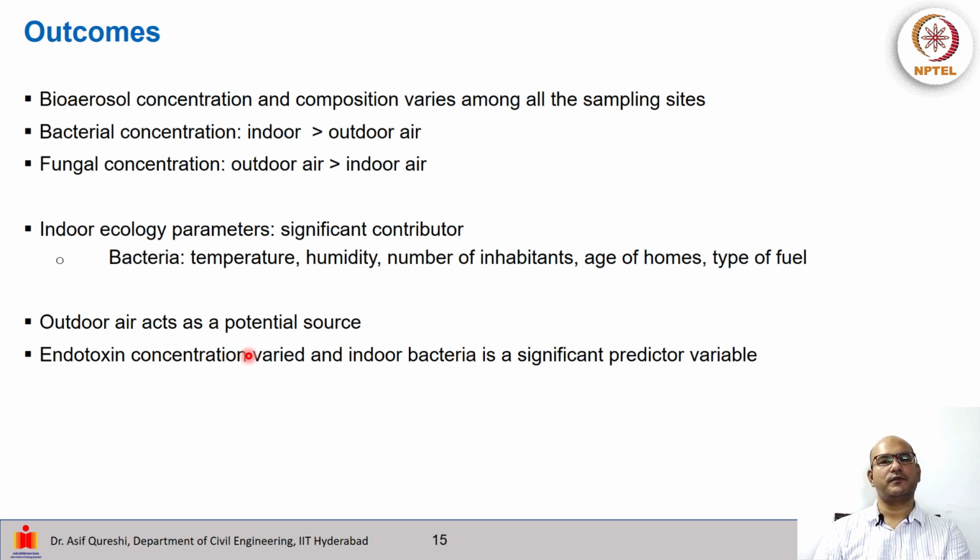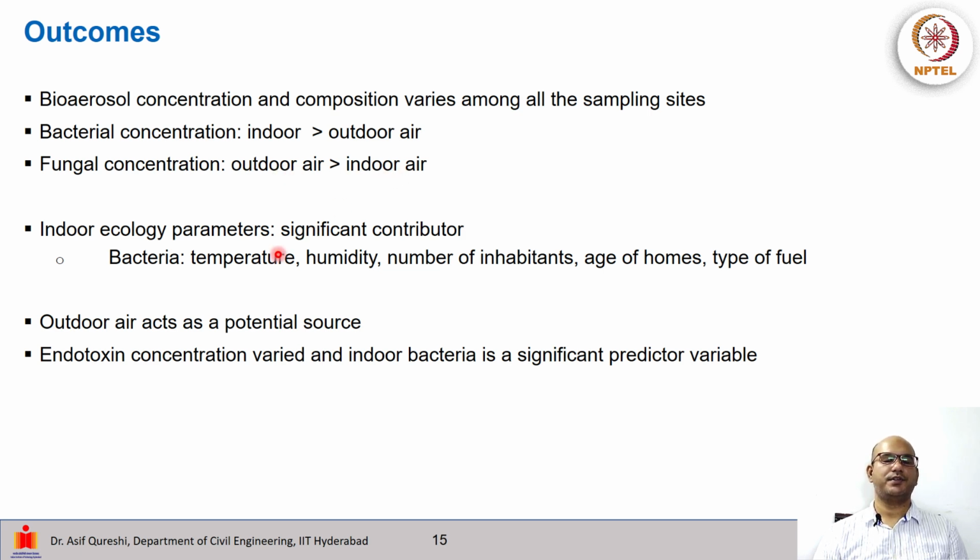The outcomes of this study were that the bioaerosol concentration and composition varied among all the sites. The bacterial concentrations indoors were more than outdoors. The fungal concentrations in outdoor air were more than in the indoor air.